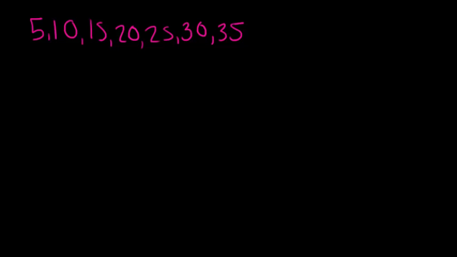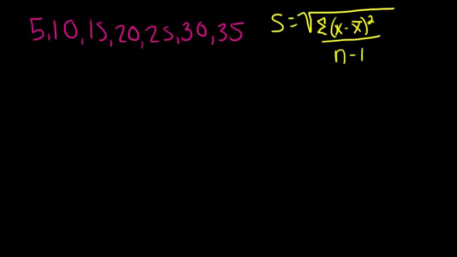I'll write the equation up at the top again. The standard deviation is the square root of the sum of x minus the mean squared all over n minus 1.